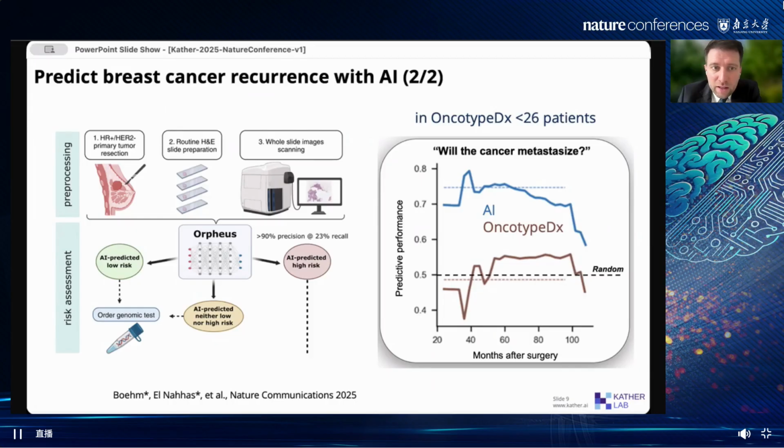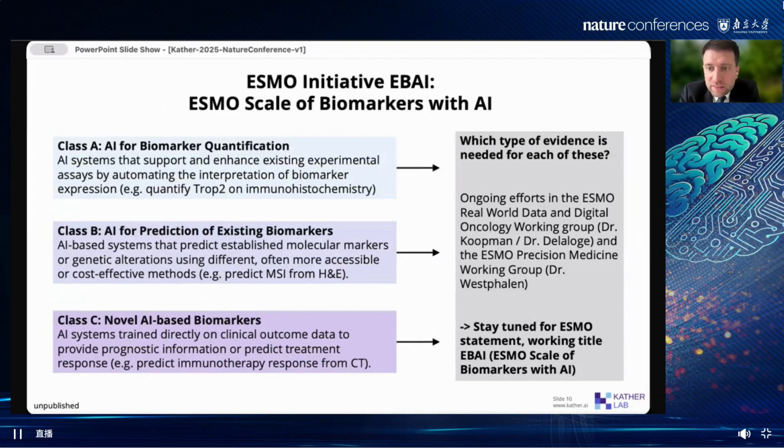genetic methods of RNA expression signatures. So we have recently, in our professional society, the European Society for Medical Oncology, convened a guideline committee, and we are working on guidelines for how to implement these biomarkers in clinical care in cancer. We propose 3 classes. Class A is AI for biomarker quantification.